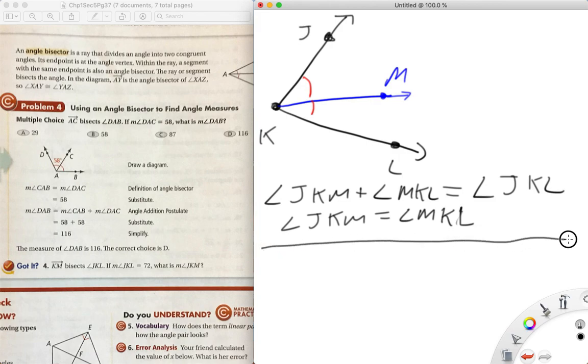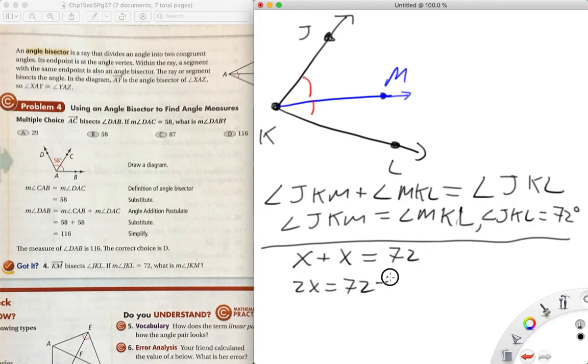Alright, so if these two guys are the same, instead of calling them JKM and MKL, I'm just going to call them X. X plus X. They say that JKL is equal to 72 degrees. So I can say X plus X, because they're the same, is equal to 72. Combine like terms. And I got 2x is equal to 72 degrees.